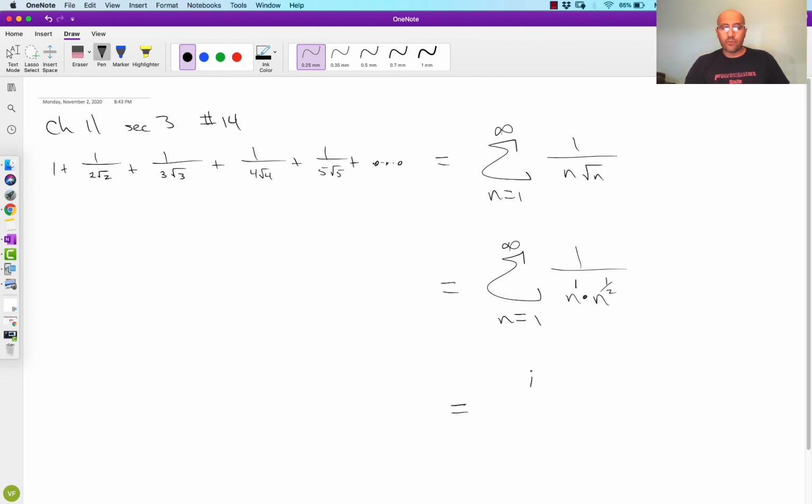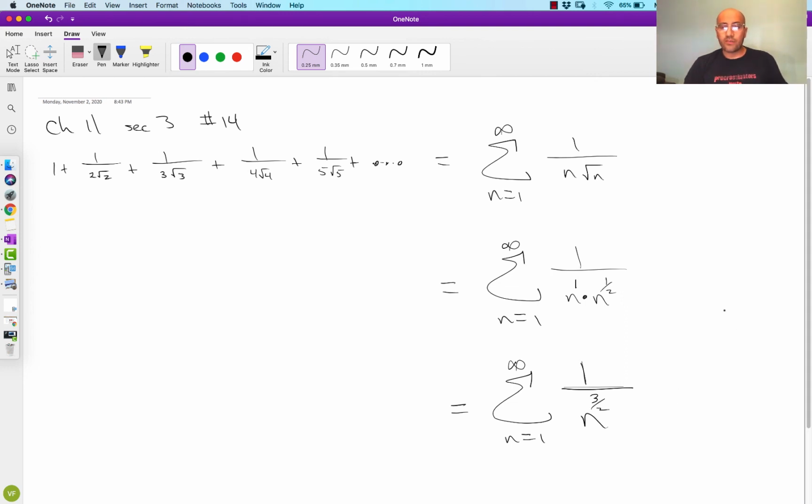So this can be rewritten as the sum from 1 to infinity of 1 over n to the 3 over 2 power, right? Adding those two together. And now this follows the p-series family, right?